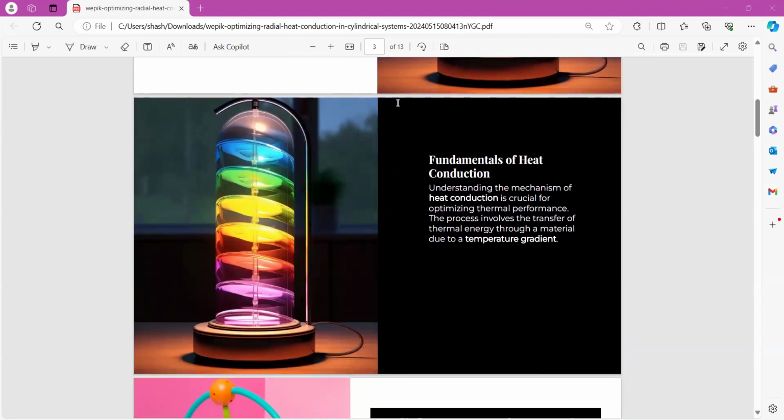Fundamentals of heat conduction. Understanding the mechanism of heat conduction is crucial for optimizing thermal performance. The process involves the transfer of thermal energy through the material due to temperature gradient.